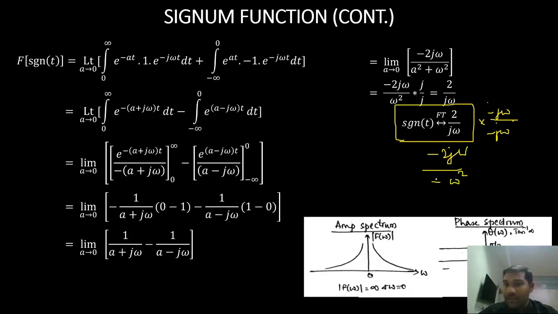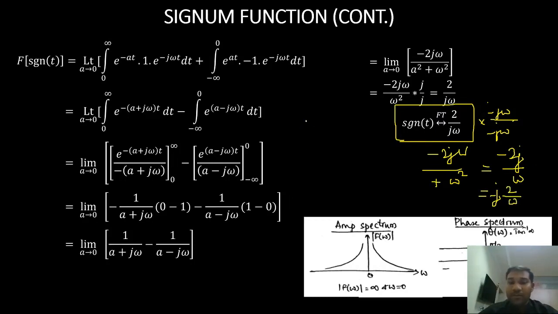J square is negative, so minus, so plus. So what am I left with? I have minus 2j by omega. This is the imaginary part, right? That is minus j 2 by omega.